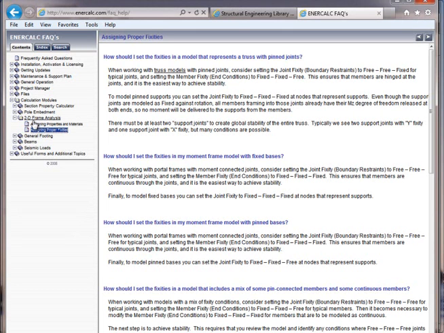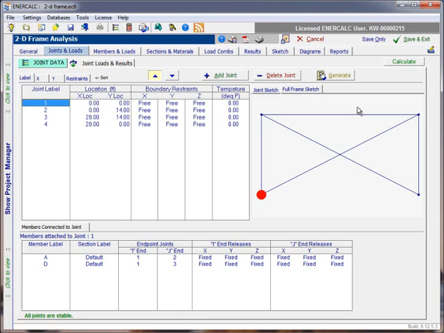And I just want to point out that in the section on calculation modules in the 2D frame analysis category, we have a topic called assigning proper fixities, where we actually show a document that gets into very specific detail, such as how should I set the fixities in a model that represents a truss with pinned joints, or how should I set fixities in a moment frame model with fixed bases. So feel free to take a look at this because this will give you a great deal of detail on how you can actually set boundary restraints and member end conditions for very specific situations.